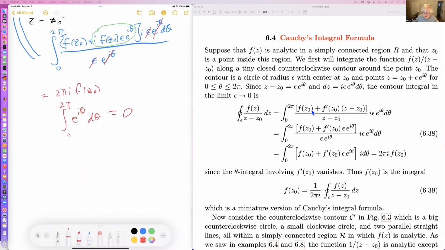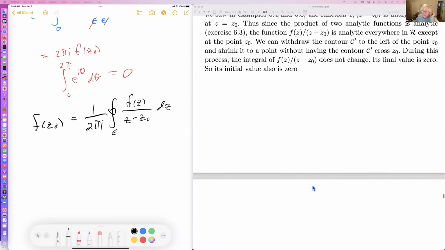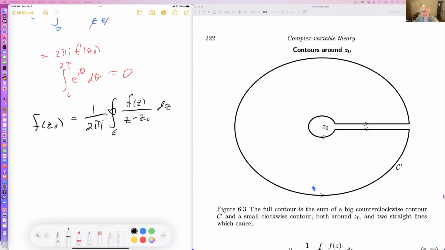What we wind up with then is a miniature version of Cauchy's integral formula. Dividing by 2 pi i, we have f of z0 is 1 over 2 pi i times the loop integral around z0, radius epsilon, of f of z over z minus z0, dz. So this is a miniature version of Cauchy's integral formula.